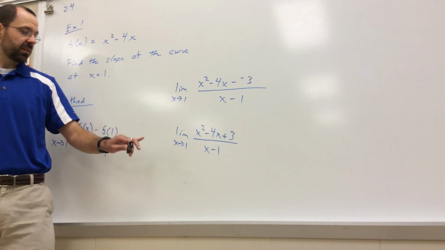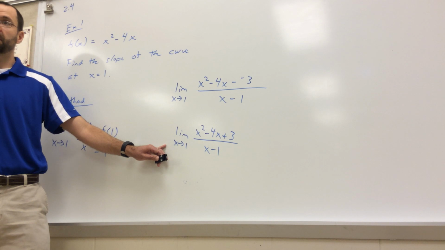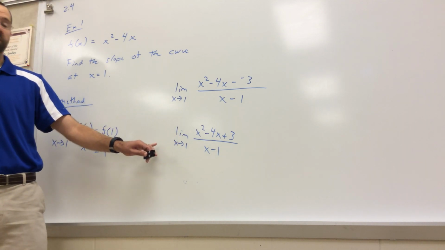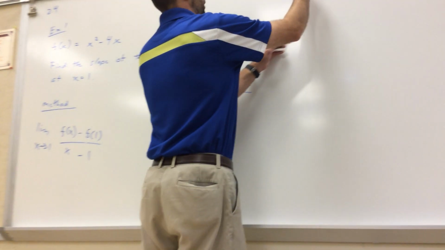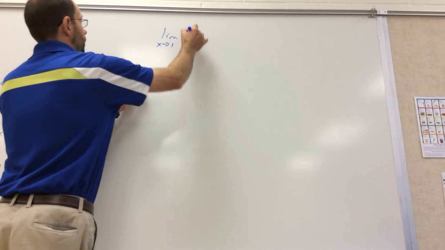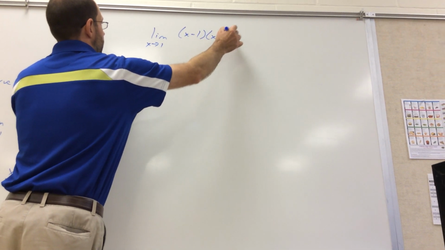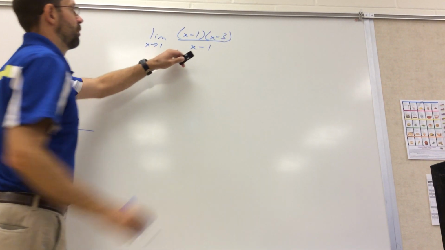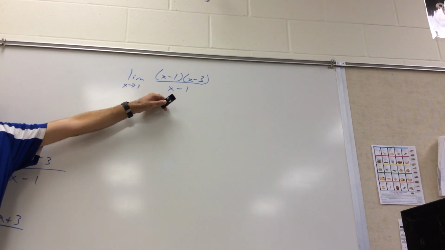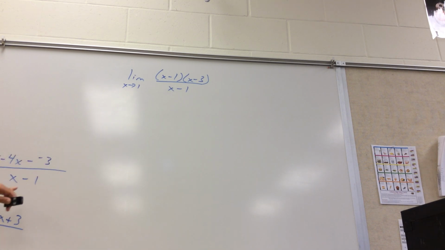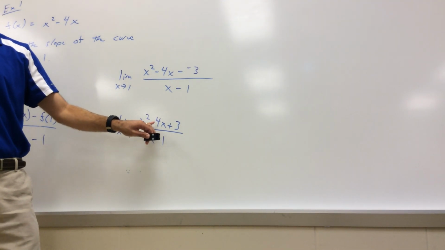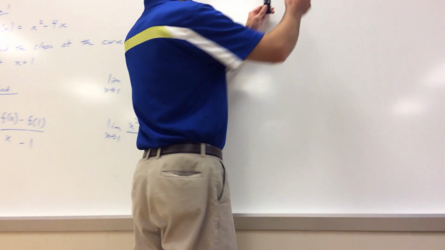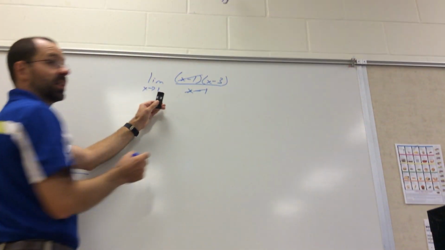Factoring is the way to go on this one, because the top factors into x minus 1 times x minus 3. That works because negative 1 times negative 3 is positive 3, and negative 1 plus negative 3 is negative 4. Okay, then the x minus 1's cross out. And then limit laws will work.